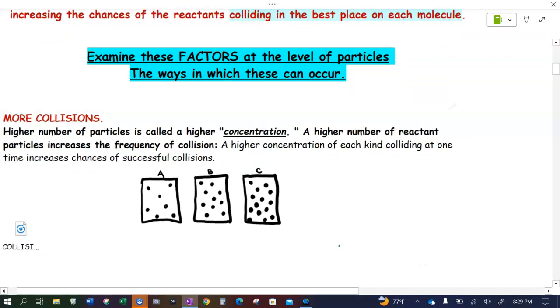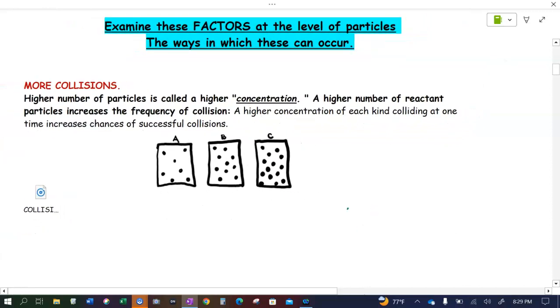So how do you get more collisions? How can you create a reaction that has more collisions? We look at these 3 example containers, A, B, and C, and what you intuitively noticed was that the one that has the most particles is most likely to be the one where there would be the most collisions.